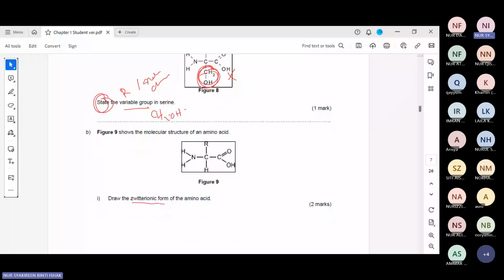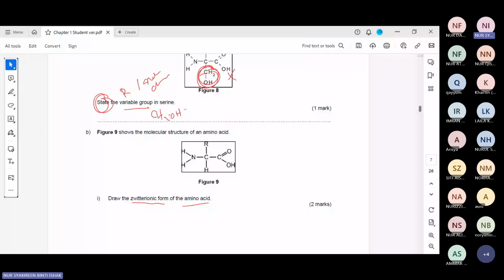So amino acids usually are found in your cells, in living cells. So living cells are aqueous. Again, it has water inside. So it causes the amino acid to be able to ionize in aqueous surrounding. So when amino acids ionize, the carboxyl group here will lose the hydrogen atom. So carboxyl group basically becomes proton donor lah.